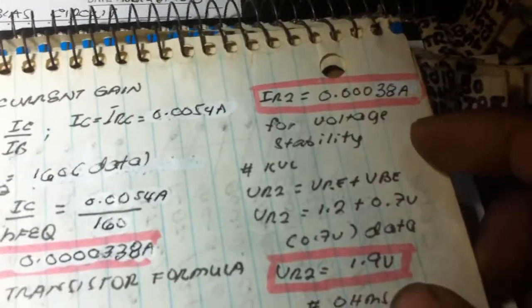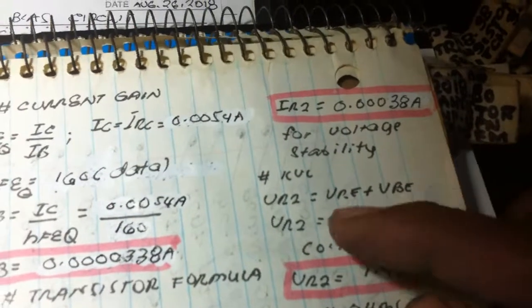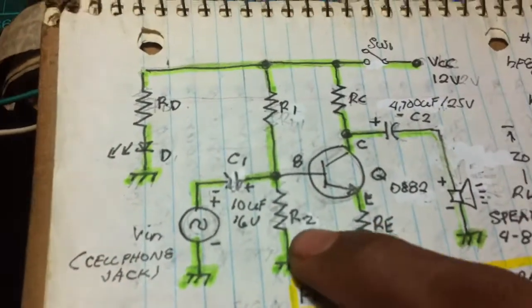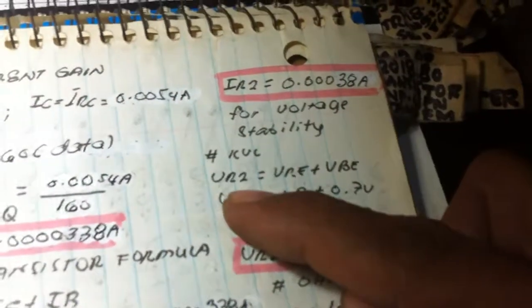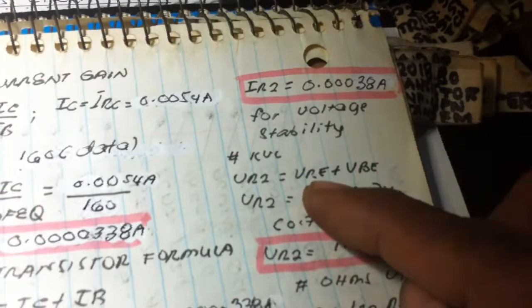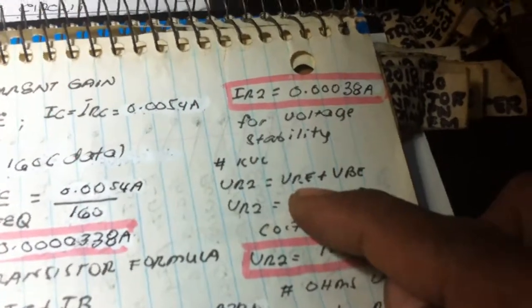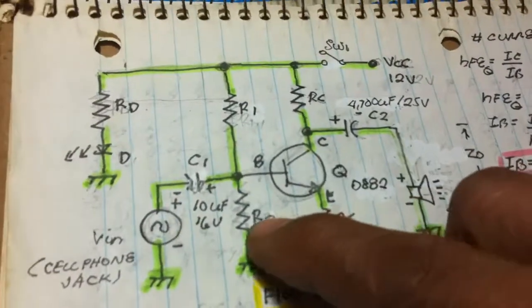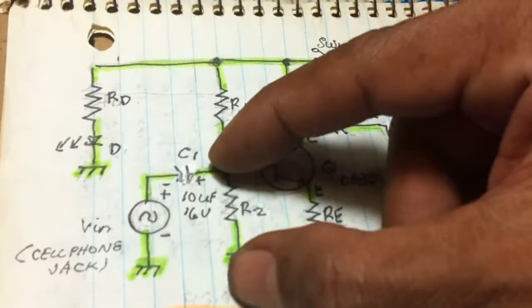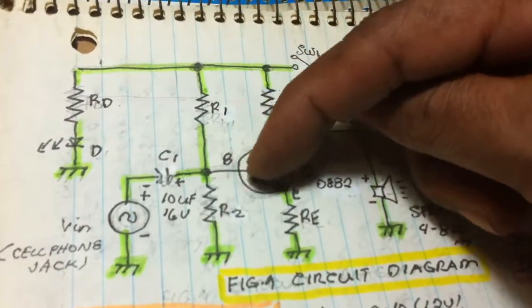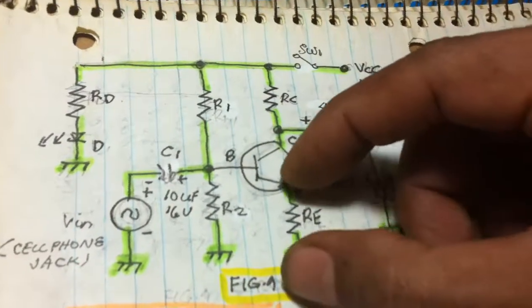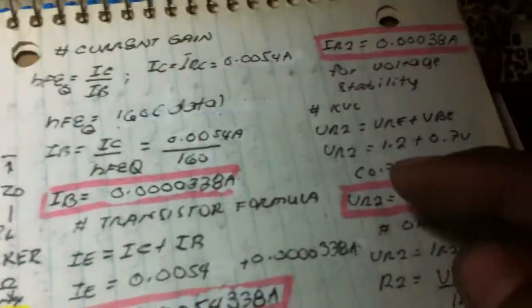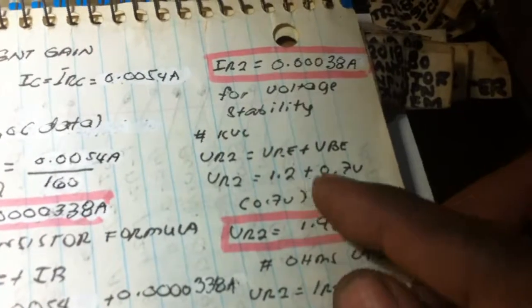Now we're going to compute the voltage drop across R2. We're going to use this formula, KVL. The voltage drop across R2 is equal to the voltage drop at RE plus the voltage at the base-emitter. That is KVL.